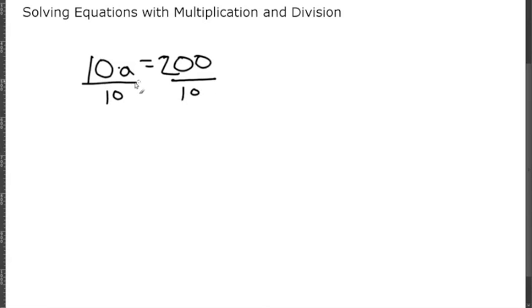So divide by 10 on the left, divide by 10 on the right. 10 divided by 10 is 1. So 1 times a equals 200 divided by 10, which is just 20. You can see that if you were to get rid of a 0 and a 0, 20 divided by 1 is 20. 1 times a is just a. a is equal to 20.